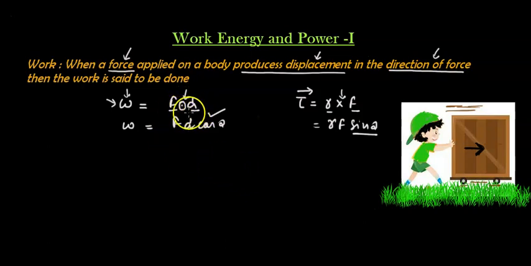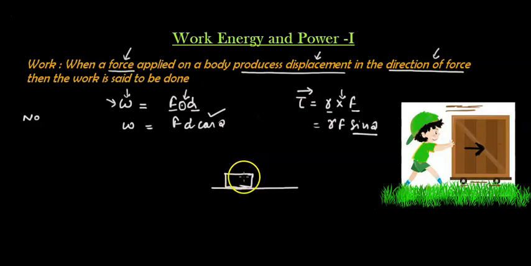Whenever any physical quantity is the dot product of two vector quantities, it becomes a scalar quantity. It has no direction, or better to say it has no components. You can take the example here. Suppose there's a box kept on the floor, and this floor is smooth, with no friction acting on it.